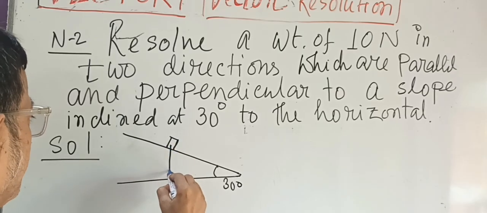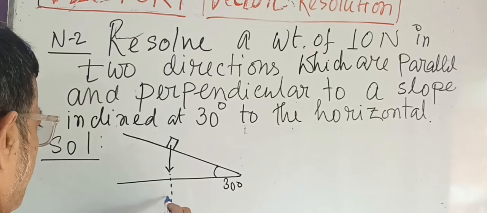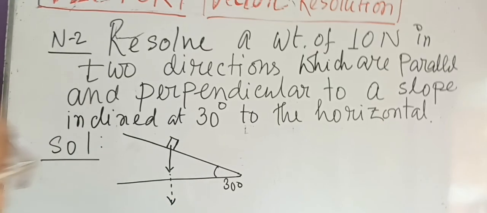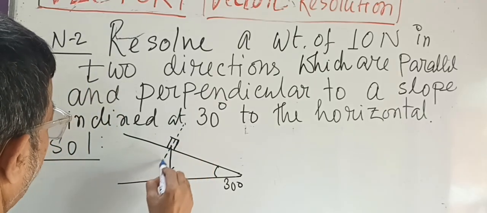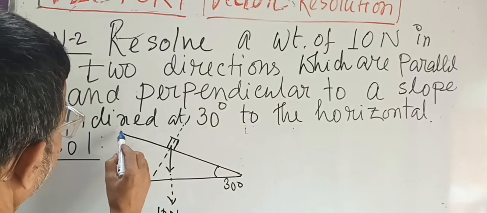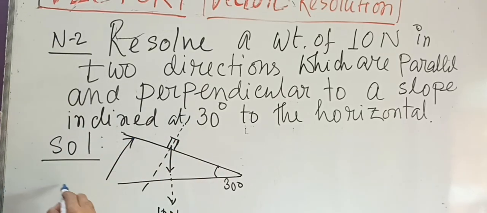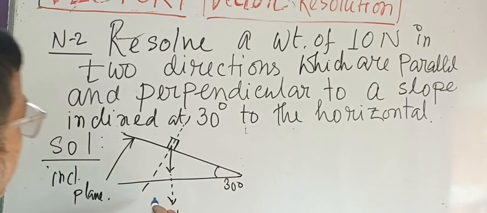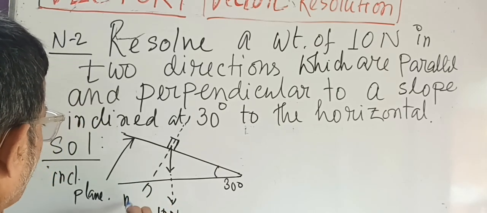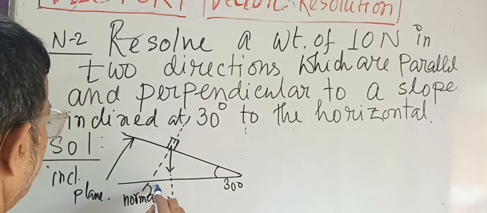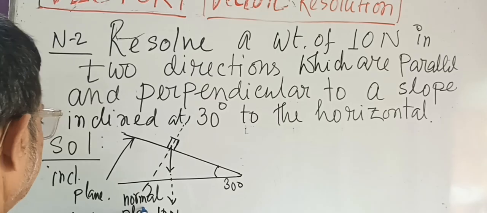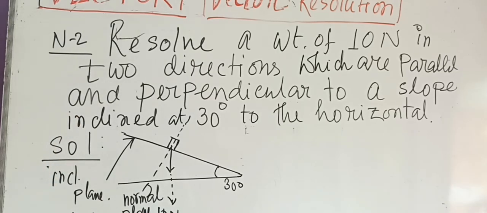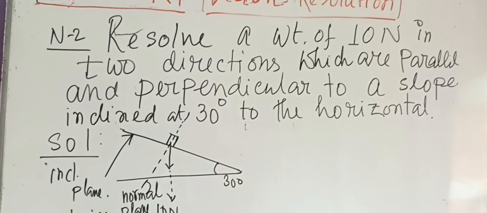This is the weight. Weight acts vertically downward. Weight is 10 Newton. This is the normal, which is perpendicular to inclined plane. This is normal to inclined plane, right?